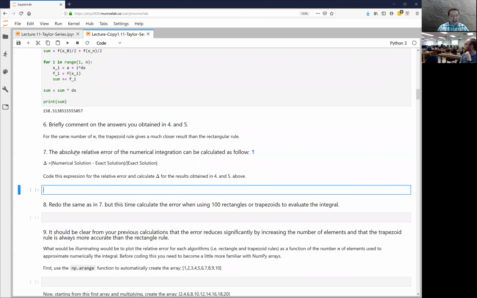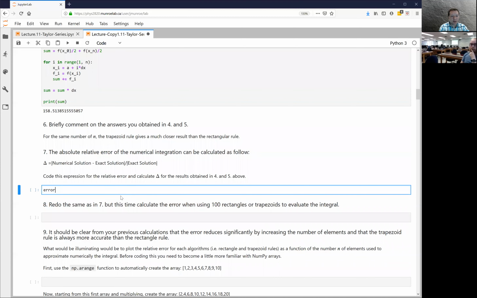And what that means is the absolute value of the relative error of the two things. Mathematically, that's just the numerical solution minus the exact solution divided by the exact solution. So if I want to talk about the error, what I want to do is I want to have the numerical solution minus the exact solution.